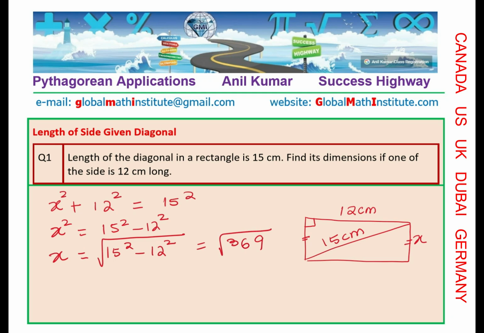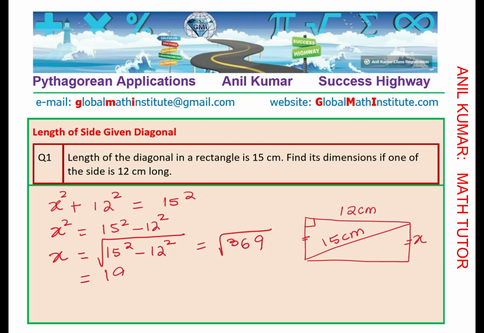And when we square root this, we get 3 square root 41, and the decimal value will be 19.2, units being centimeter. Most of the questions you can do without a calculator, giving the exact solution. However, in this particular video, we'll use the calculator, rounding to one decimal place, the tenth.